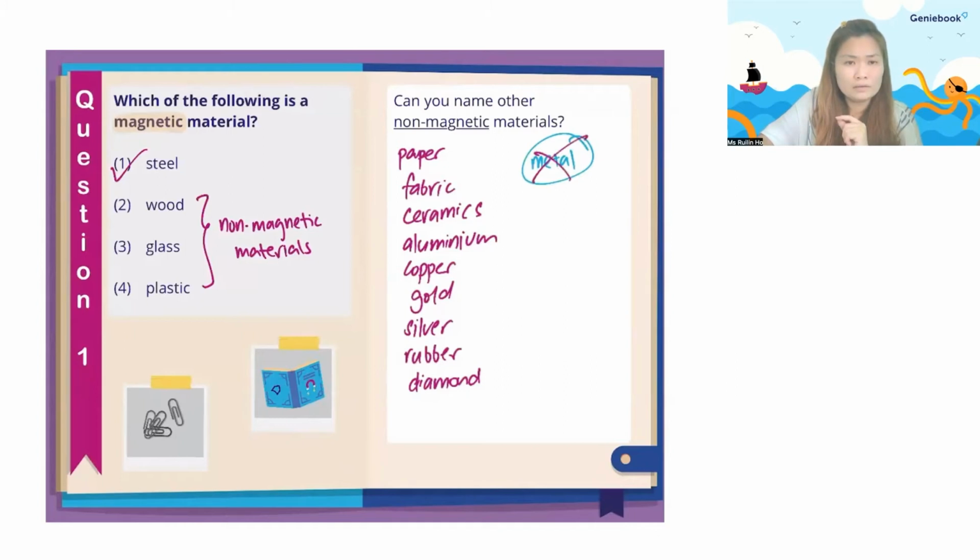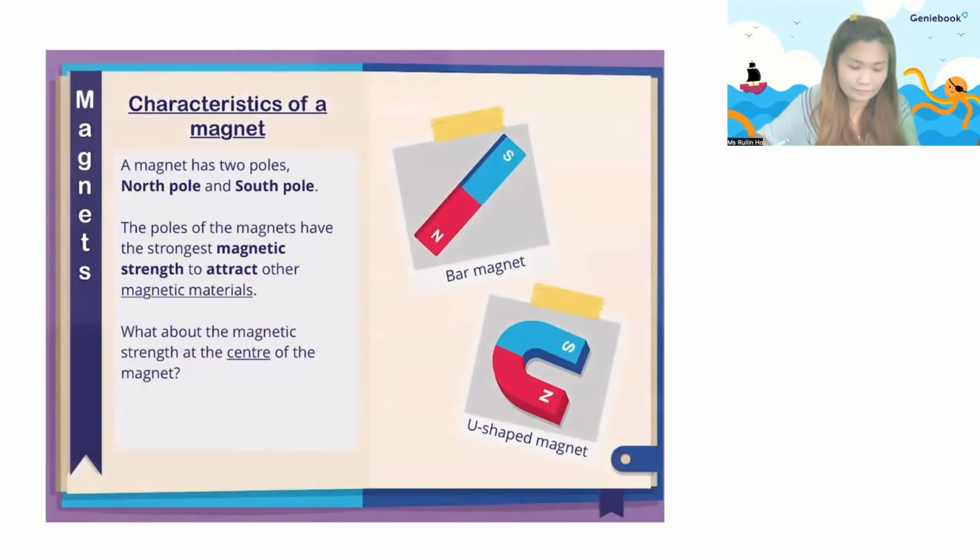Then we're going to move on to the next concept. We're going to look at characteristics of a magnet itself. A magnet has two poles, the north and the south pole. The poles are actually the strongest.